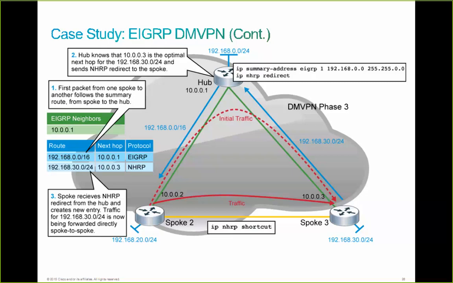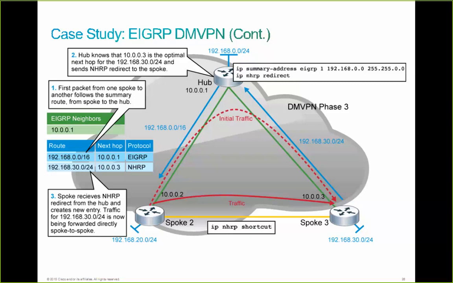Now the hub router has spoke 3 listed as the optimal next hop for the spoke 3 LAN, 192.168.30.0. So when the hub router gets configured with the command that you see on the screen here, ip nhrp redirect, okay, the hub router sends an NHRP redirect message back to spoke 2, notifying the spoke 2 router that the packets that are supposed to go to the 30.0 subnet, which is the spoke 3 LAN, are better forwarded directly to the spoke 3 router.